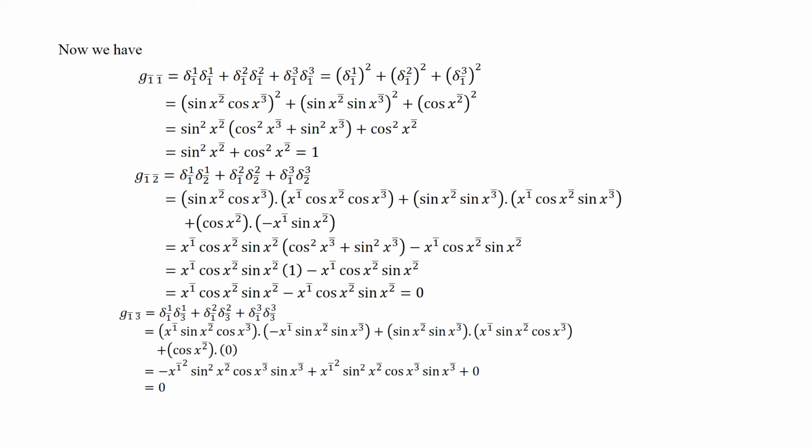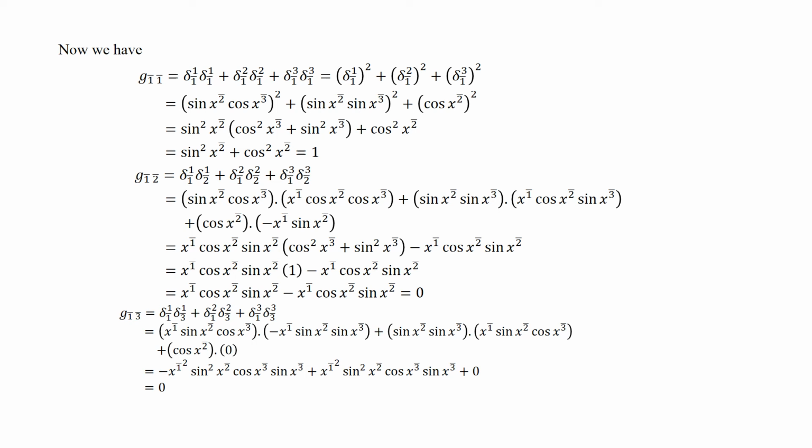From the first and second terms x1 bar is common, sin x2 bar is common, and cos x2 bar is common, and the remaining term is cos square x3 bar plus sin square x3 bar, and these two terms are a trigonometric identity, so it is 1. And again the next term we got x1 bar cos x2 bar sin x2 bar minus x1 bar cos x2 bar sin x2 bar, and these two terms are cancelled as it is equal to 0.